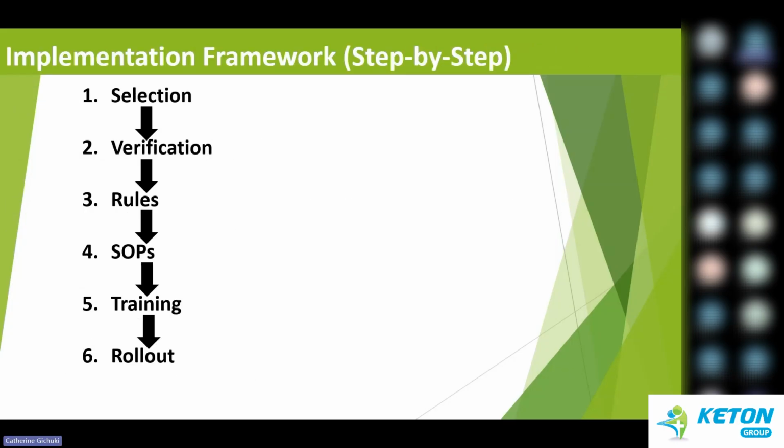So we will also be looking at the implementation framework. If you'd want to implement the third-party QCs, there's a step-by-step way. So a practical step-by-step plan. The first one is usually to select, where you choose commutable third-party controls compatible with your platforms.